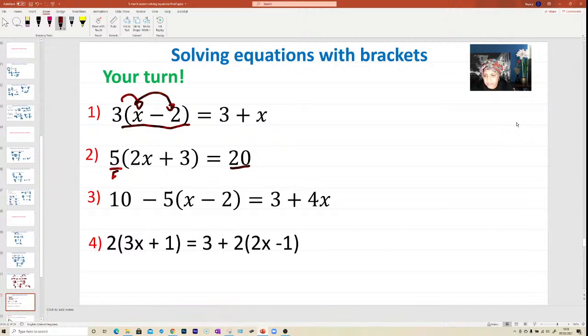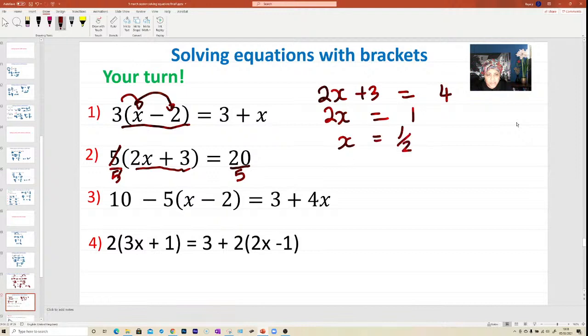So if you divide by 5 here and by 5 there, this will become 1. This will become 1, and then I only have what's here. So I have 2x plus 3 equals 20 divided by 5, which is 4. So 2x take away 3 equals 4 take away 3, which is 1. So x is going to be equal to 1/2. So hopefully you've got that one right.